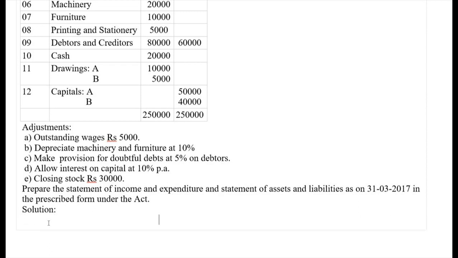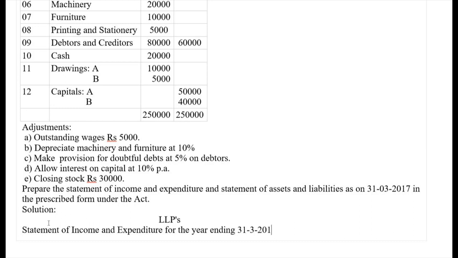So here LLP's statement of income and expenditure for the year ending 31/3/2017. So let me take 4 columns here.